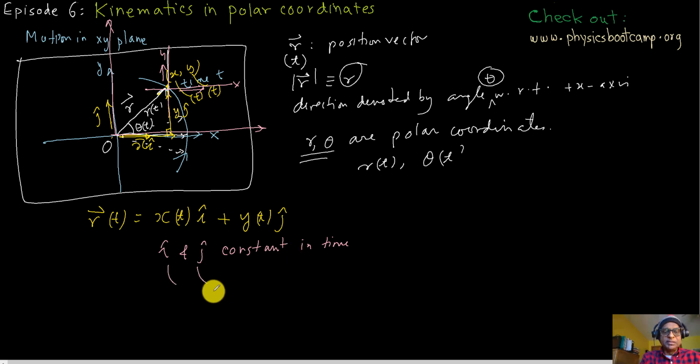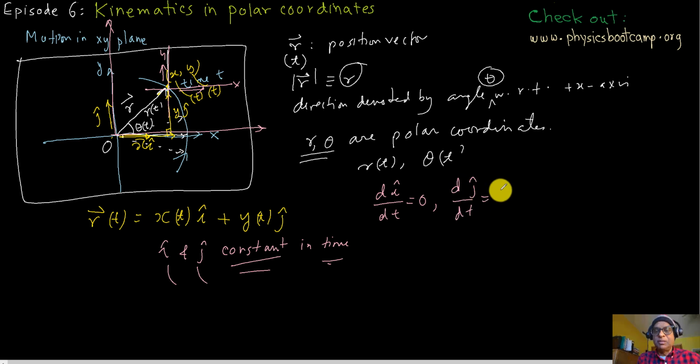They always point in the same direction in time. So if I take the derivative of i hat, that should be 0. If I take the derivative of j hat with time, that should also be 0. So these are special vectors, constant vectors.